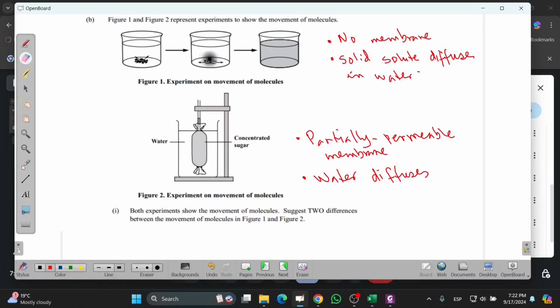The other way is to make this solution in here taste the same as the water outside. And to do that, we need to make this one very watery, very dilute. And that is actually what happens. This water will go in there, trying to make this solution inside there as watery as possible. It will never be the same concentration as outside because here we have just water.